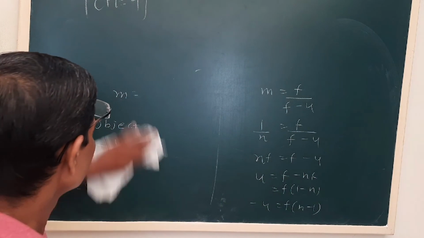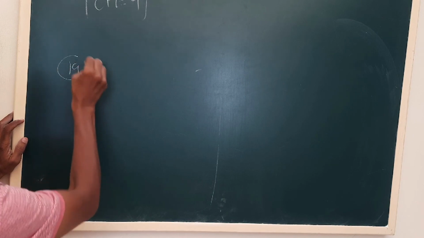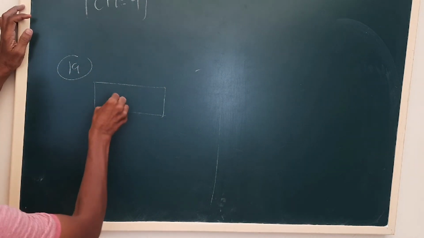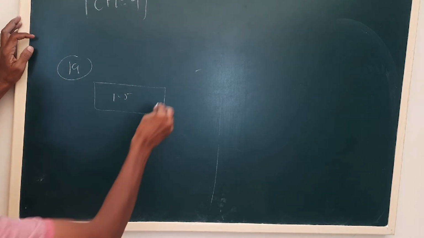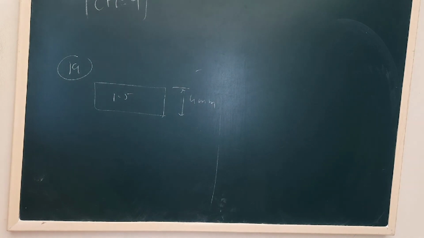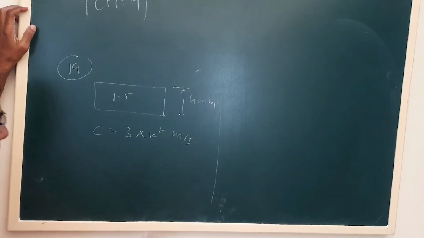Next MCQ. See, a glass slab with a refractive index 1.5. The thickness of the slab is 4 mm. What is the time taken by the sunlight? The speed of sunlight is c, 3 into 10 to the 8 meter per second.